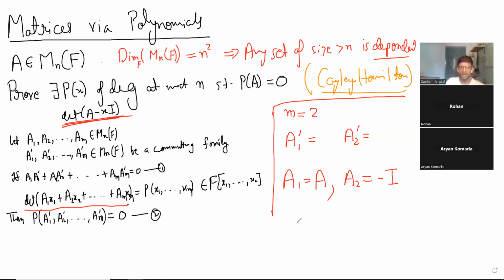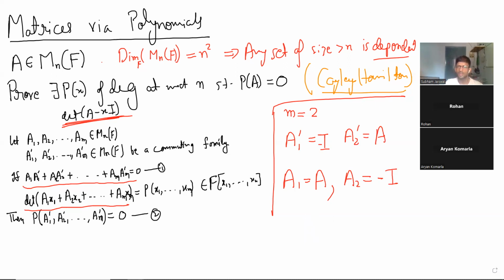And then if you look at this thing, it will be clear what to choose as a1 prime and a2 prime. A1 prime, maybe choose as I or minus I, and this as A. Then you can see that it happened.